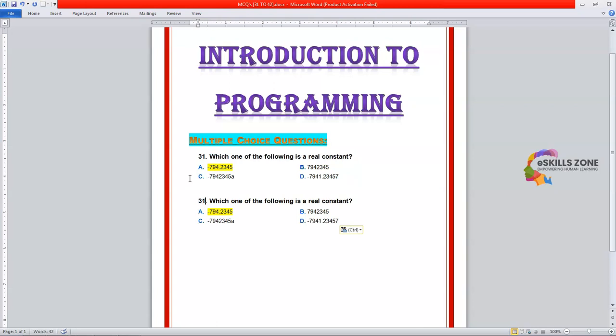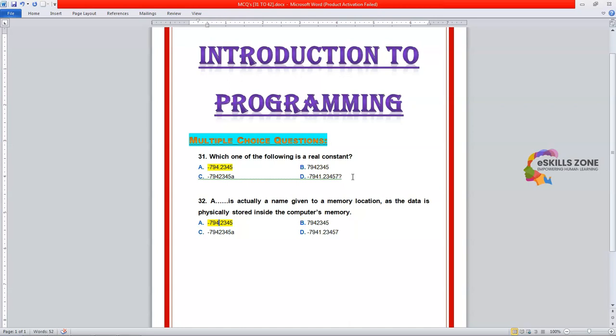Next number 32. Question is, a dash is actually a name given to a memory location as the data is physically stored inside the computer's memory.